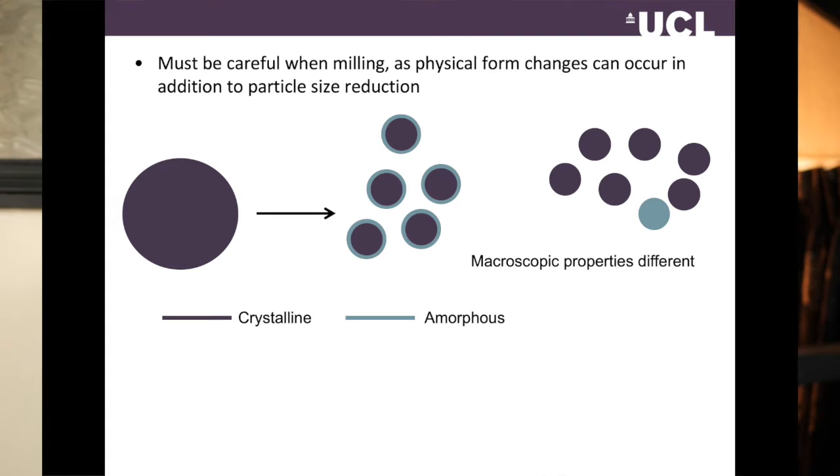And the reasons for it are actually shown on the screen in front of you. It's that they hadn't considered that by milling the material, they were also potentially changing the physical form of that material. Now, what do I mean by that? So one thing I mean by that is physical form. You should remember from earlier lectures, materials can be either crystalline or amorphous.